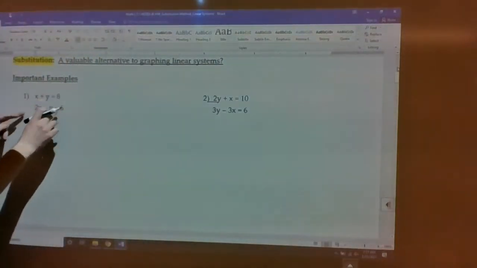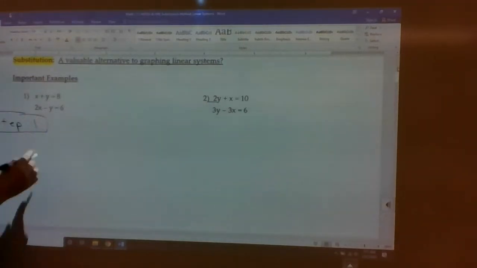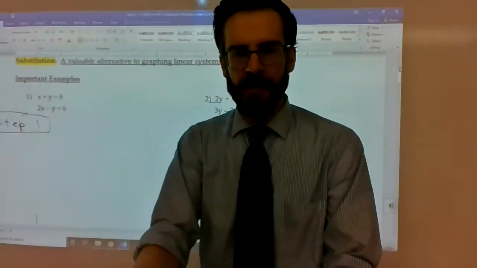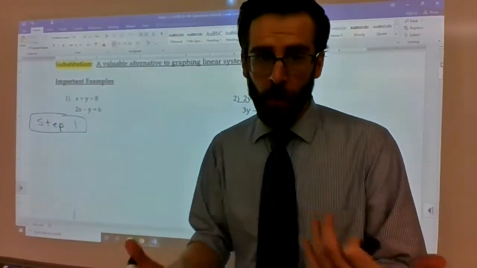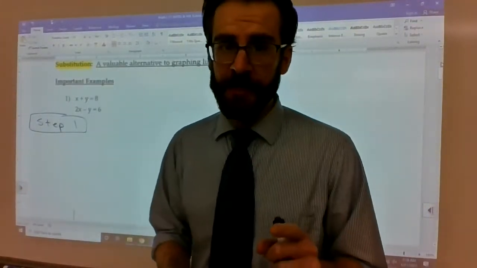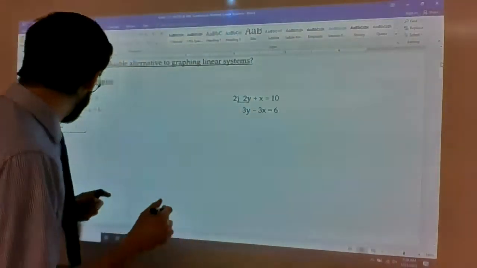So, I got 2 equations. Here's what I need to do first of all. Step 1. I need to take one of the equations and manipulate it in such a way that I get x or y by itself. The reason is because the replacement requires you to get x or y by itself.